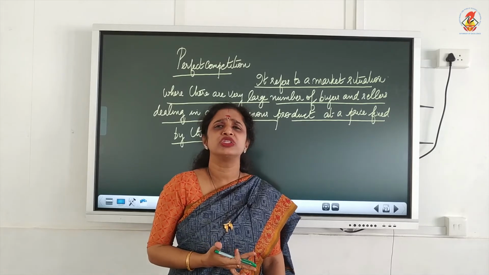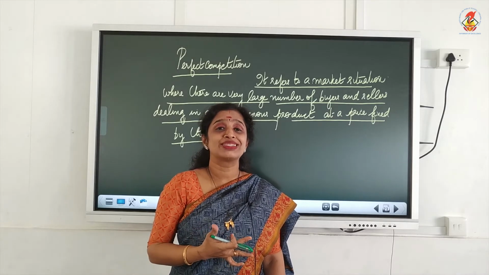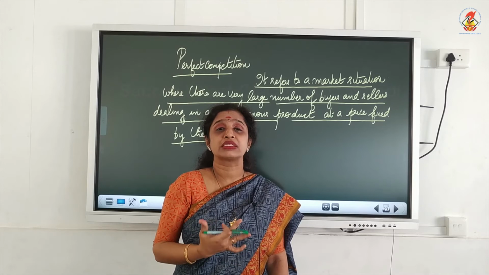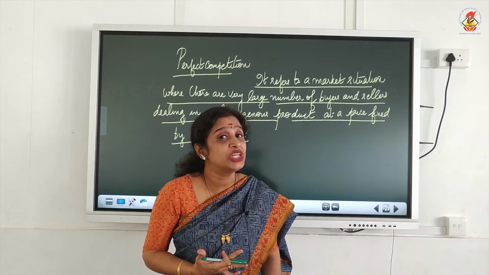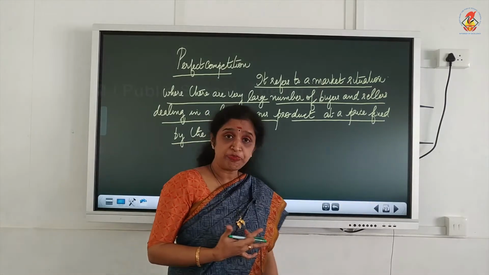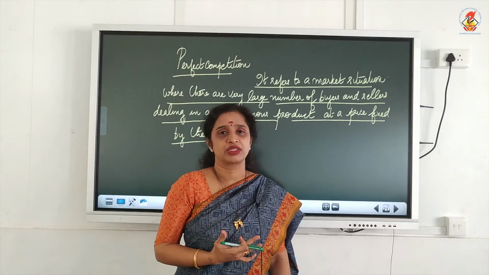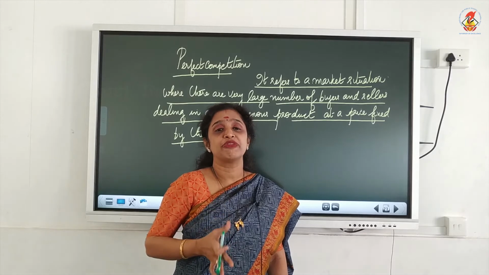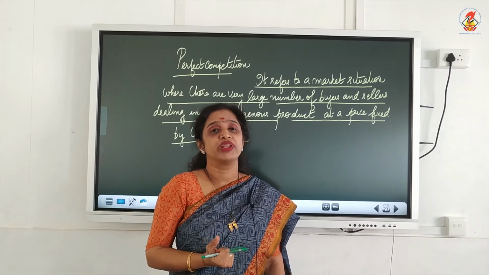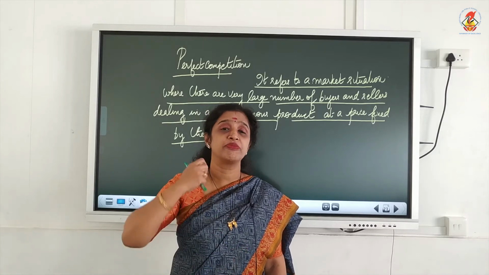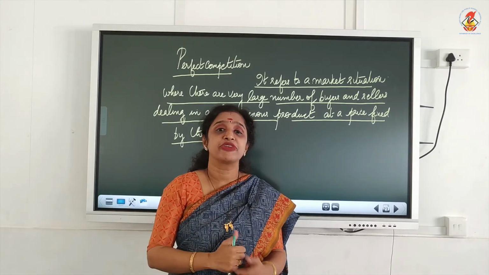What do you mean by homogeneous products? The products which look the same, which are identical in size, shape, color, quality, etc. are known as homogeneous products at a price fixed by the market. Market or industry will be fixing the price, isn't it? And that price will be followed in the market. So, that kind of a market situation is known as perfect competition.